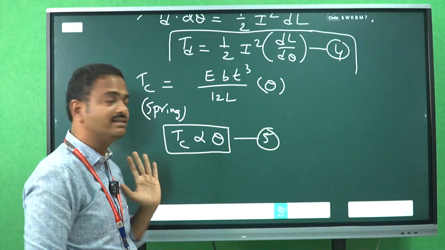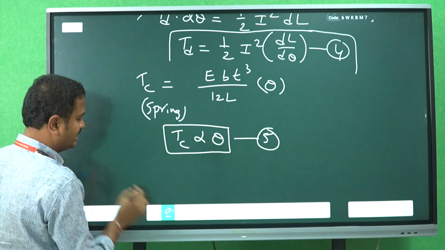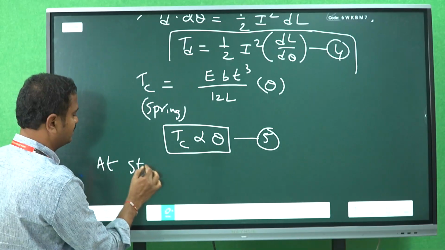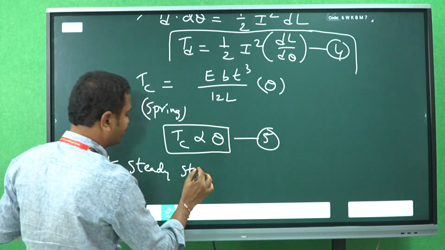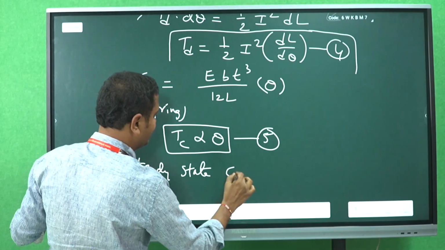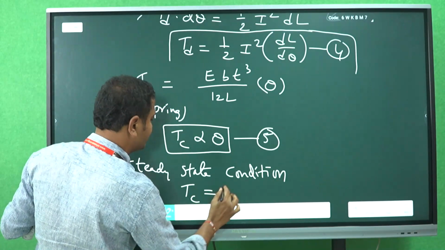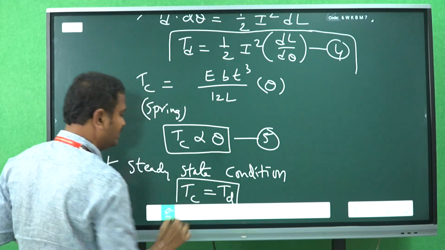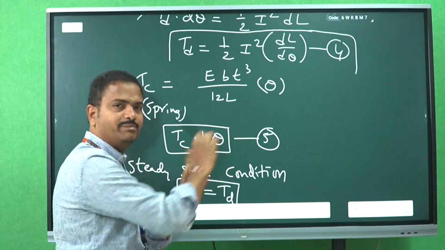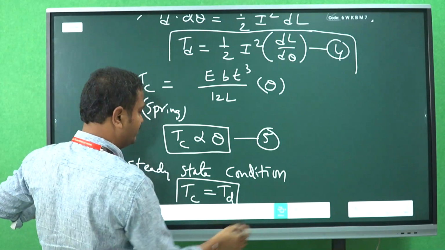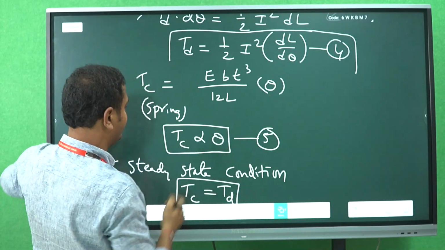At steady state, or at equilibrium, the controlling torque must be equal to the deflecting torque. Then only the pointer stops at the 4 amperes reading.